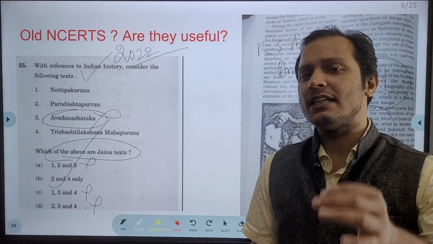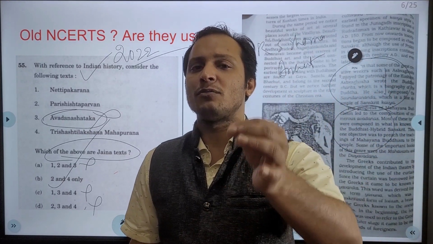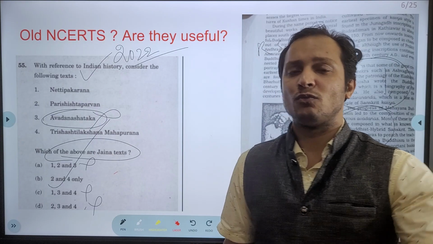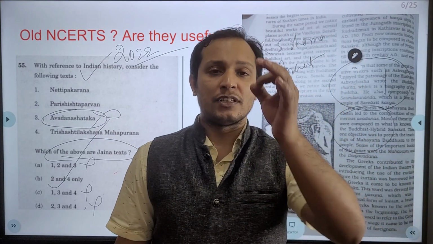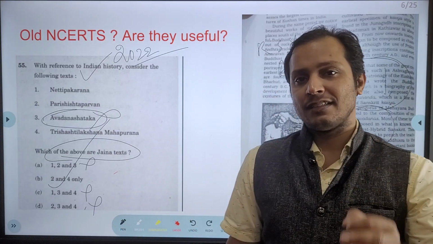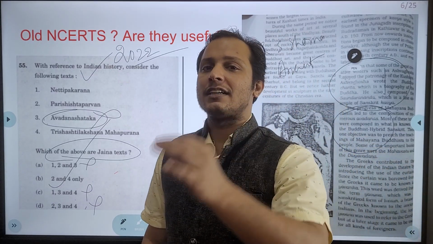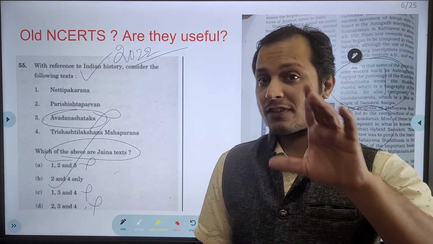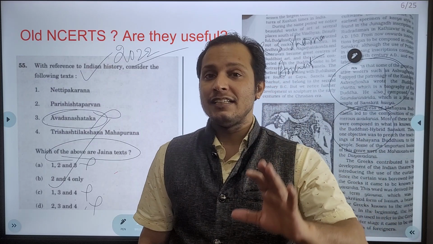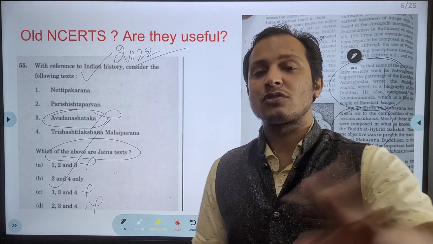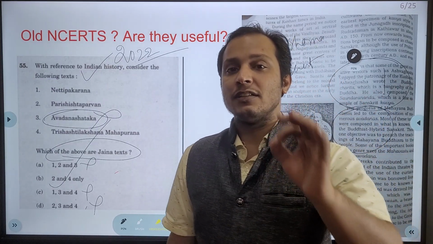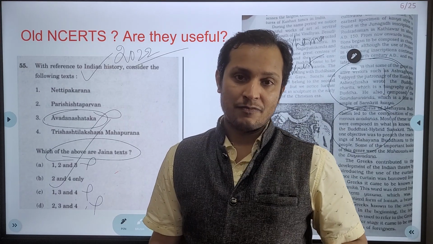UPSC is directly picking questions from old and new NCERTs word to word. If a sincere student has read all the NCERTs, new and old, as far as history is concerned, he will comfortably solve most of the questions which have come in the UPSC history section.